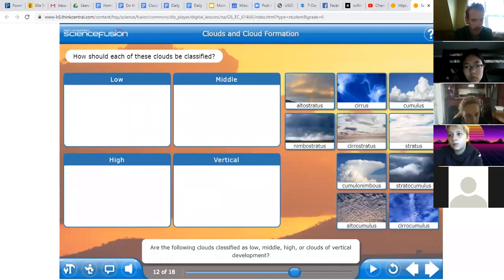Is there anybody out there that could tell me what the word cumulus means? If I'm talking about a cumulus cloud, the word cumulus itself has some meaning to it.